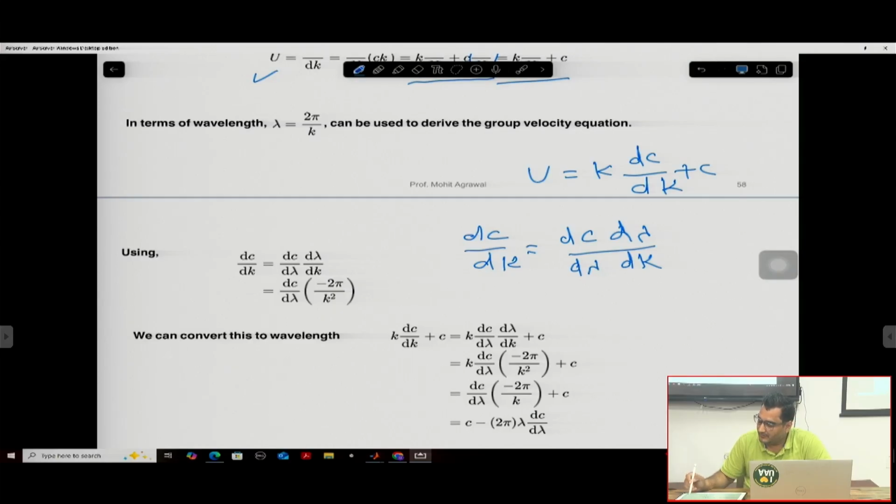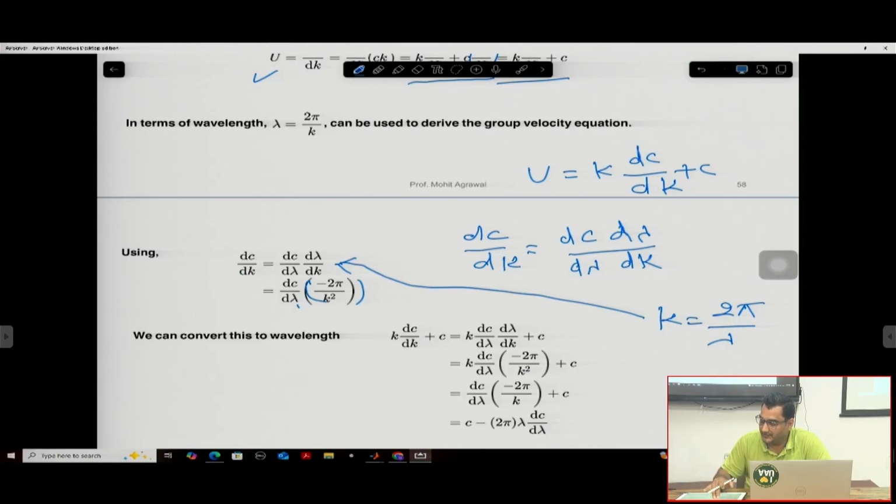And you know that k is equal to 2 pi by lambda, right? So you can calculate dk by d lambda and incorporate it into this equation. When you do so, this will become dc by d lambda in brackets times minus 2 pi by lambda square.